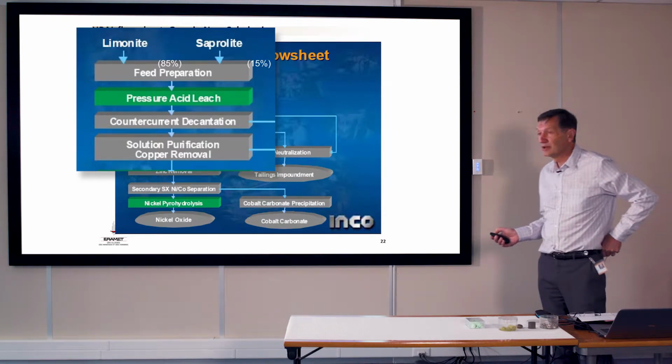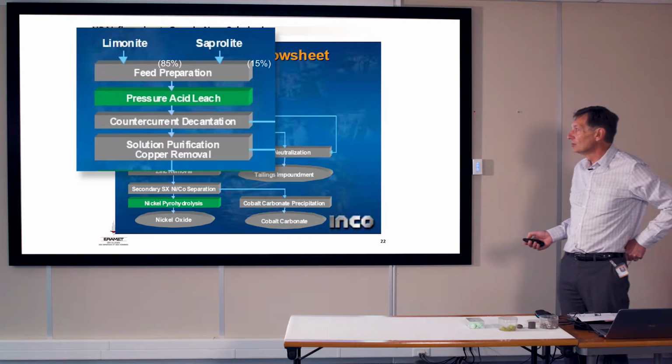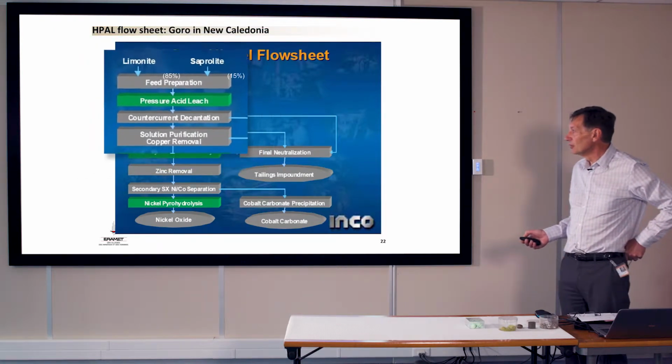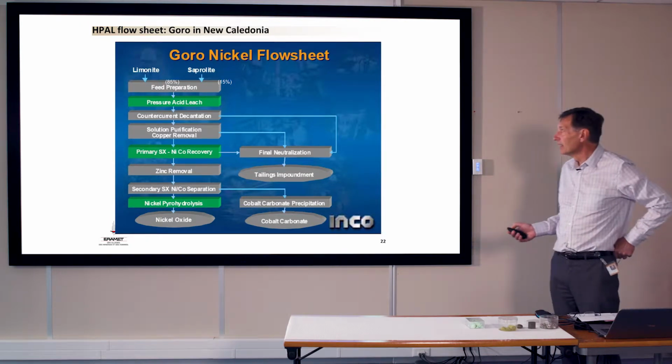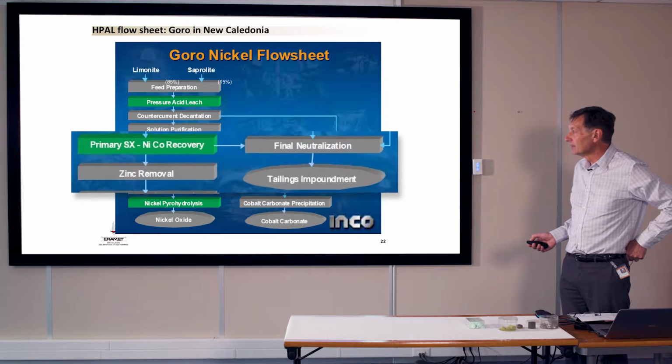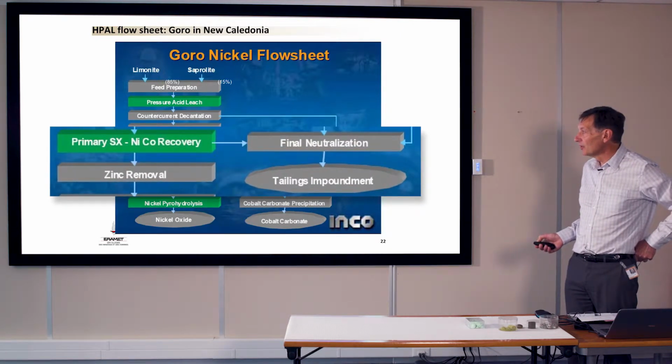It's rather high content. Pressure acid leaching in autoclave, countercurrent decantation, solution purification to recover the cobalt, and a specific process developed by Goro Nickel. It's a direct solvent extraction to recover nickel and cobalt from this solution.